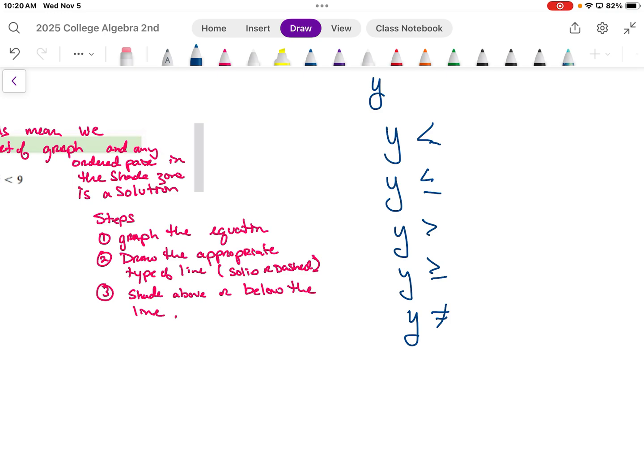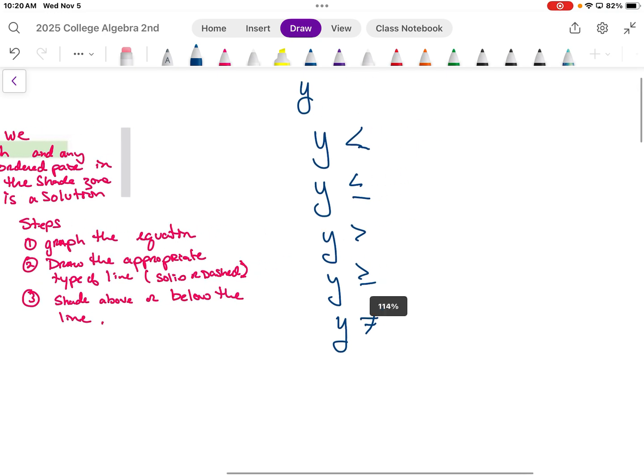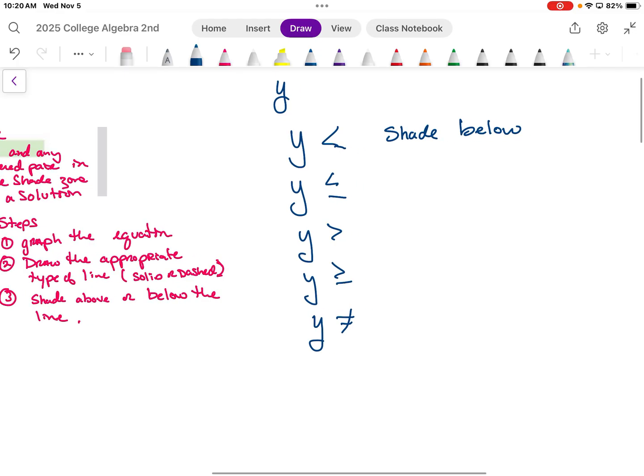So with this in mind, the first one we shade below a dashed line. The equal sign on the inequality indicates whether the line is dashed or solid.